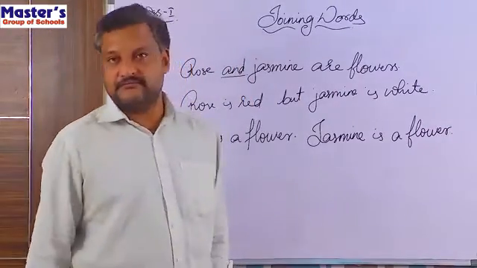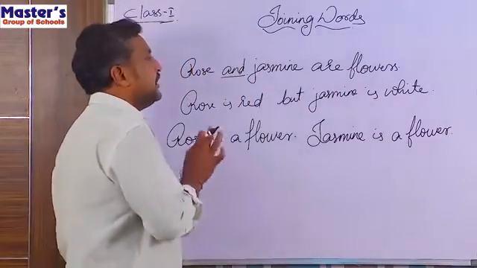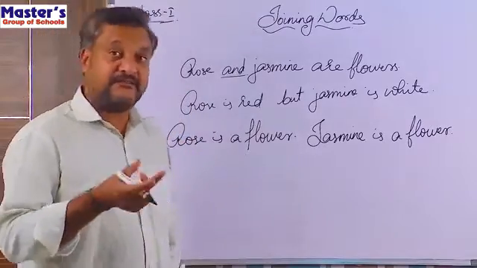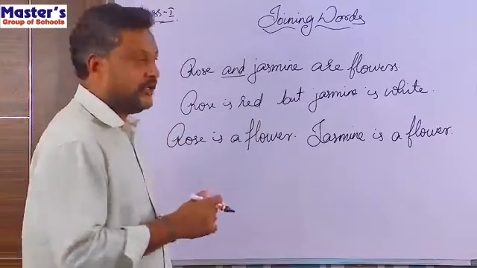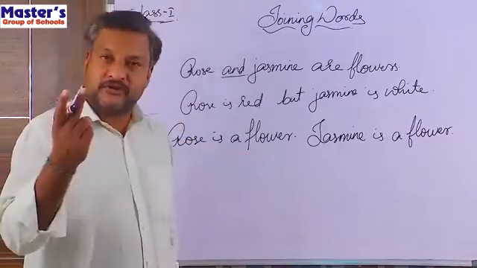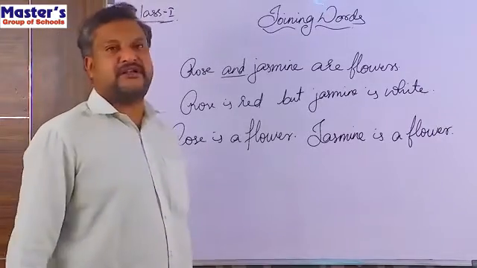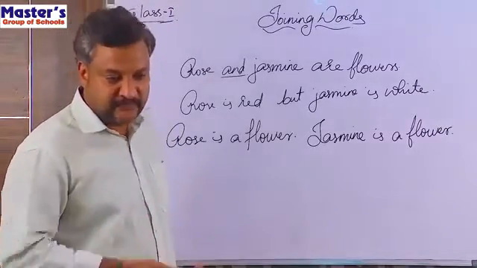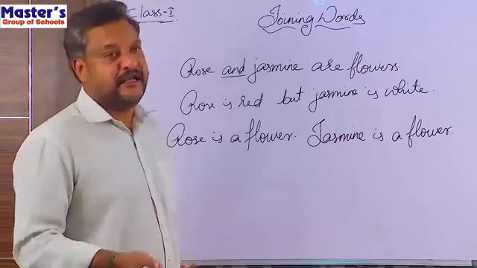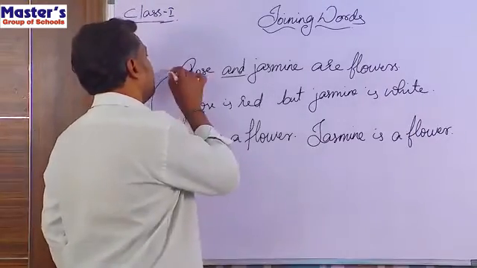Jasmine is a flower. Okay, so these are two sentences which have the same idea. They are talking about two different flowers, isn't it? So when we have got two sentences conveying the same idea, then we use and.